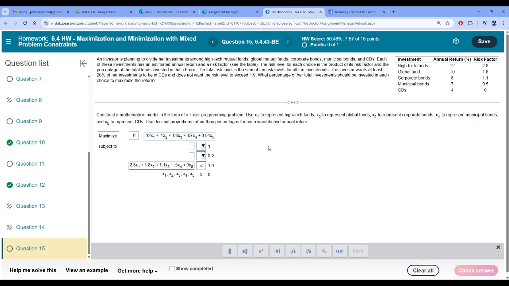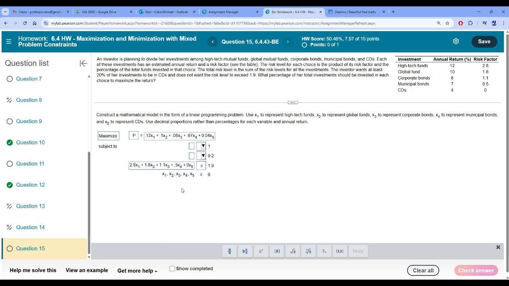Subject to the risk level of each product is, and the percent of the total funds invested in that choice. The risk level for each choice is the product of its risk level and the percentage of total funds. I also have to multiply these.